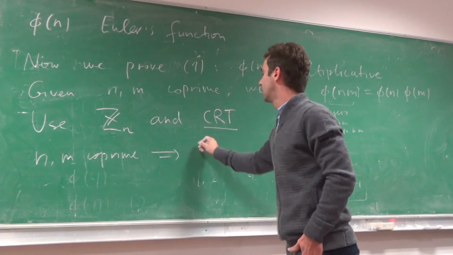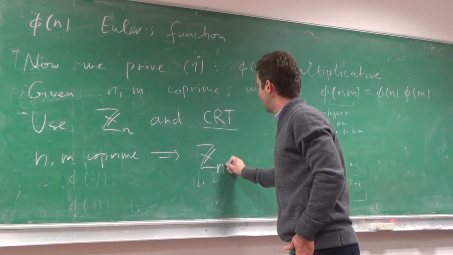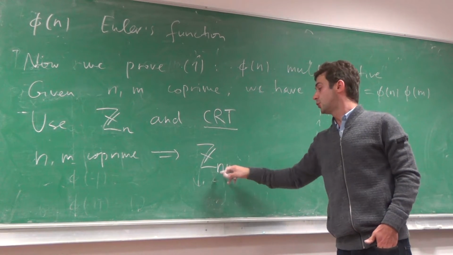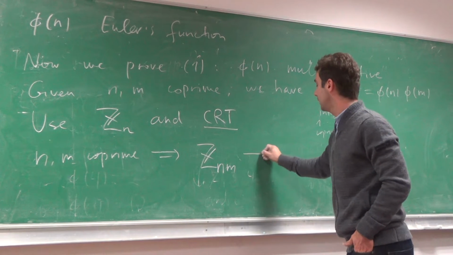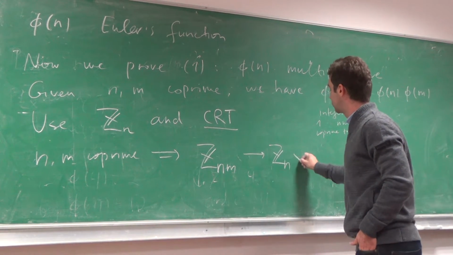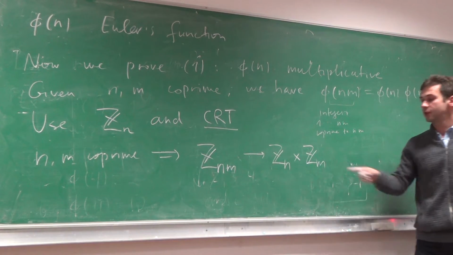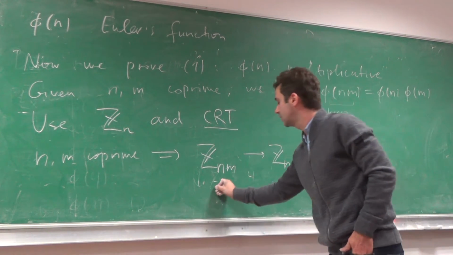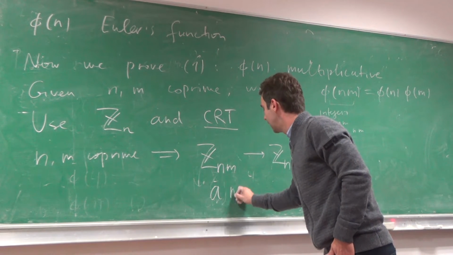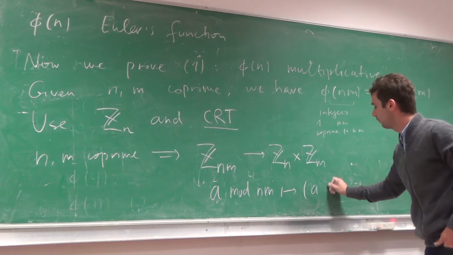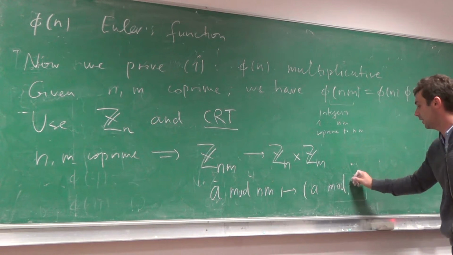There was this bijection between integers modulo the product and pairs of integers, where one is mod n and the other is mod m. So it's a Cartesian product. So this map sends an element a mod n times m to the pair where the first one is mod n.